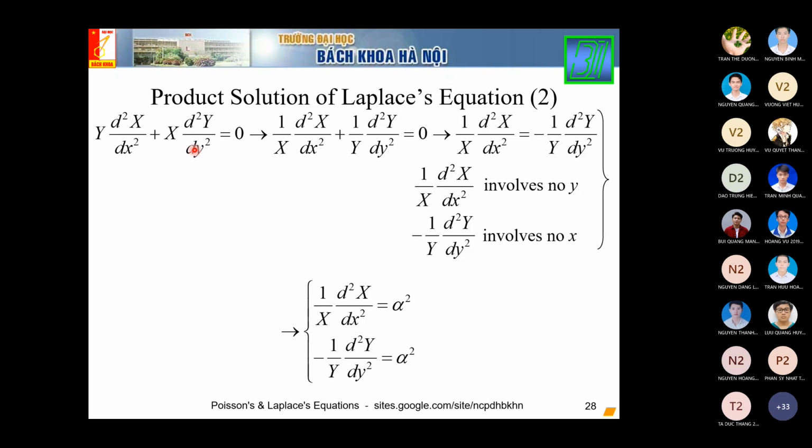But this set consists of two equations, each a single variable equation. So solving this set is normally much easier than solving the starting equation.